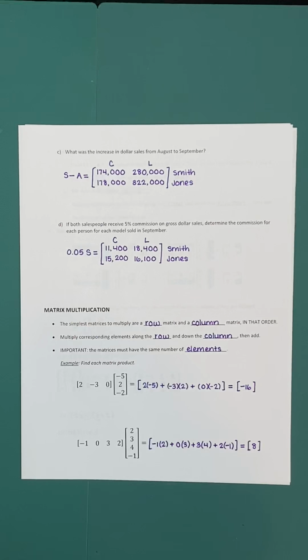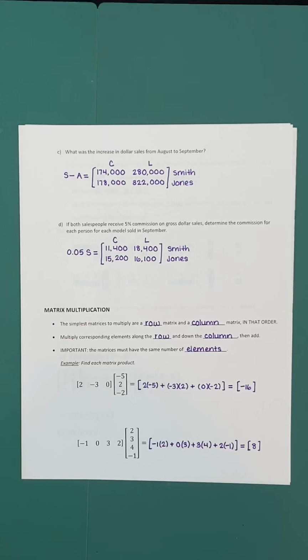Now, when I see 5% commission, think 5% commission of sales. The word of mathematically means multiply. So if it's a percentage of sales, that means we have to multiply that percentage by the total sales. Now, algebraically speaking, we can't use a percentage, so 5% cannot be used algebraically.